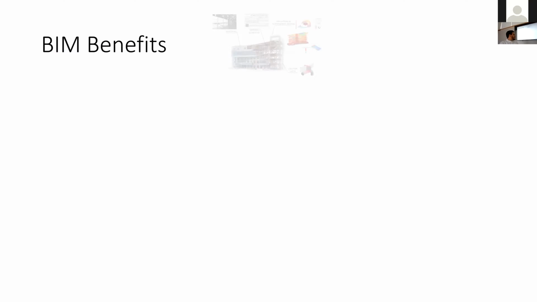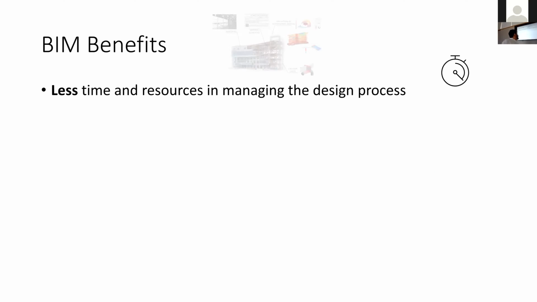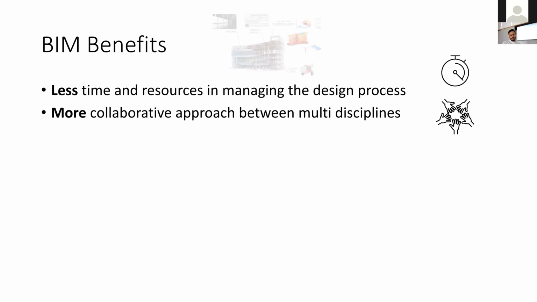Okay, so we can sum up the benefits of BIM through having less time and resources in managing the design process. So we can benefit from having less time to do a BIM model than the typical 2D modeling way.